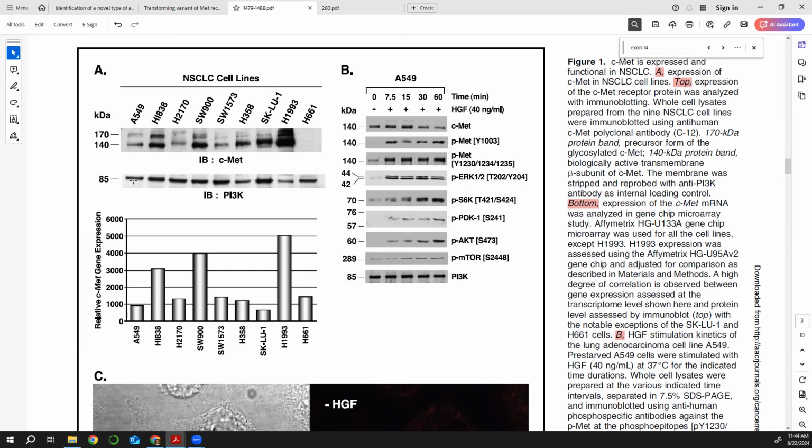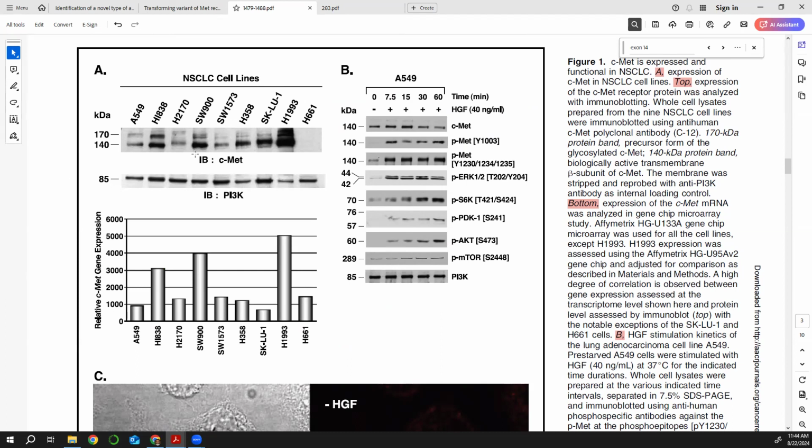So actin is one example of a gene that is frequently used as a loading control. PI3K is a well-known cancer gene, and its levels can fluctuate across normal and tumor samples and across different tumor types. So that's why I don't think that that was a great choice here.